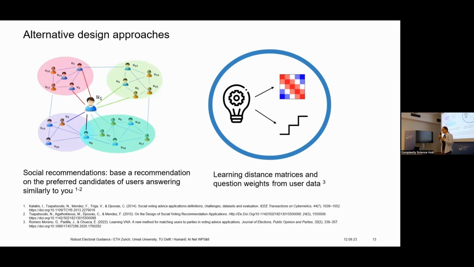There are some different design approaches in order to move away from this susceptibility to design choices, such as, for example, social recommendations, where rather than having a content-based recommender system, you will receive a recommendation based on users who have answered political questions similarly to you.